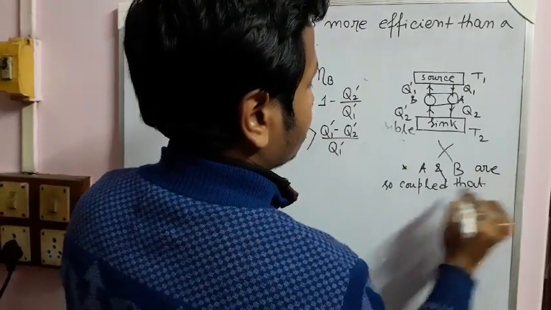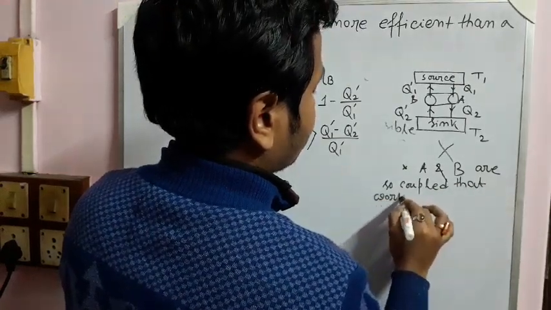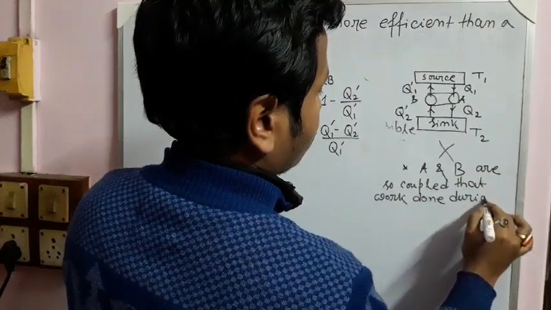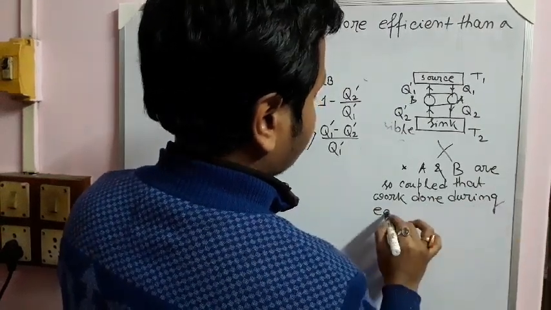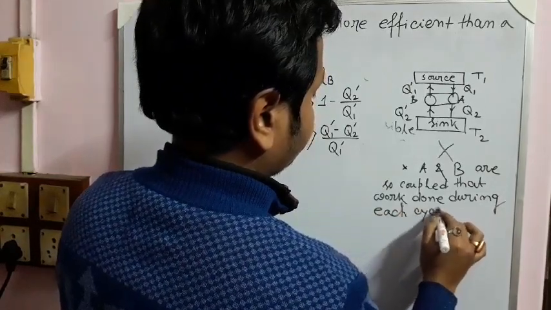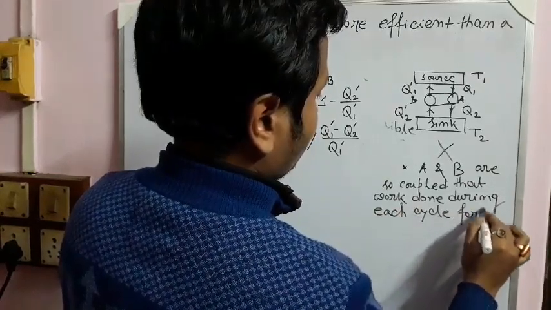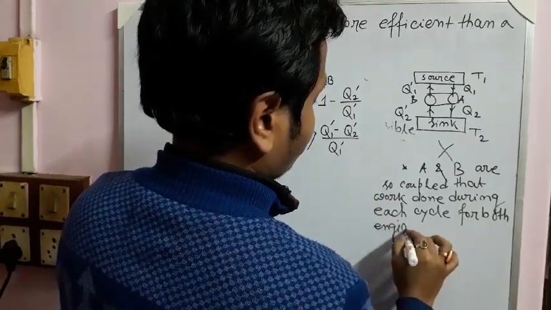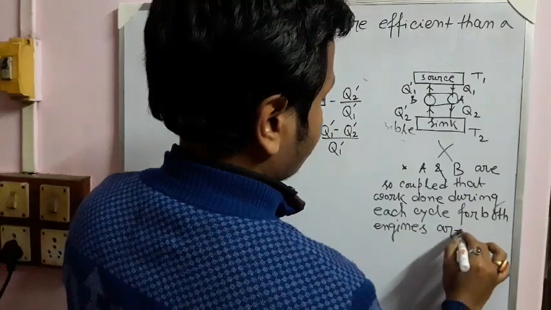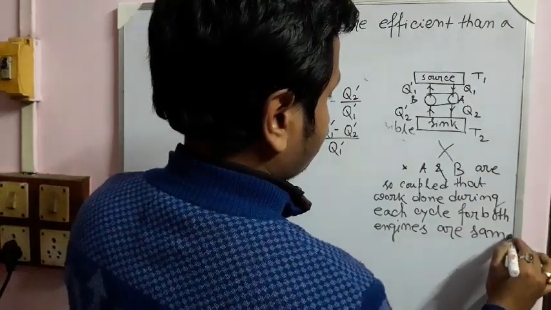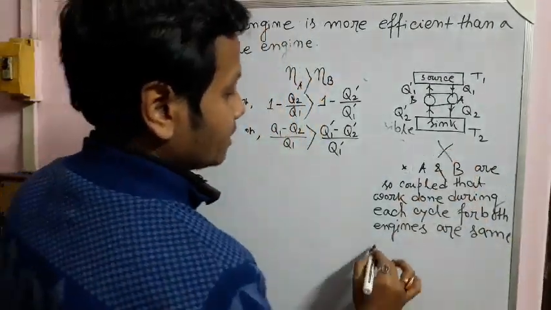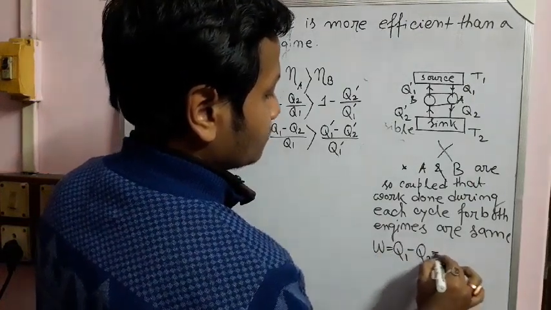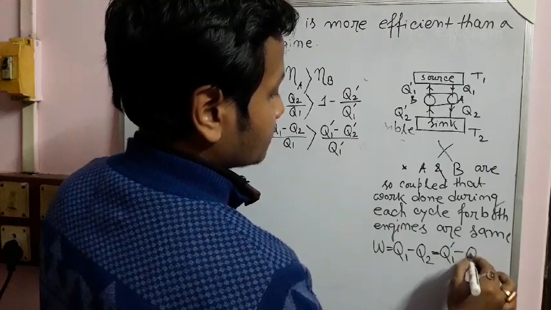So if this is the second assumption, then we can clearly write W equals Q1 minus Q2, and this equals Q1 dash minus Q2 dash.